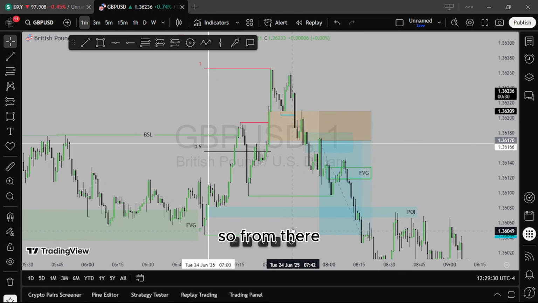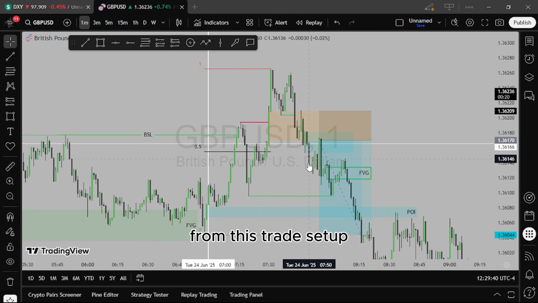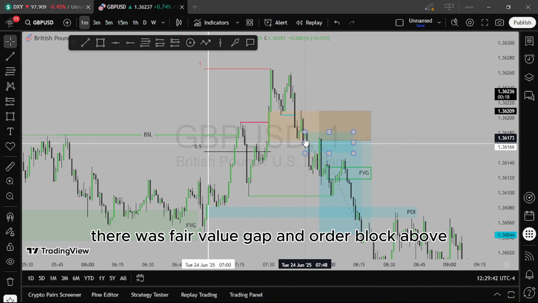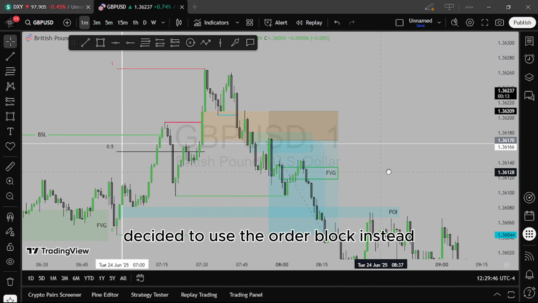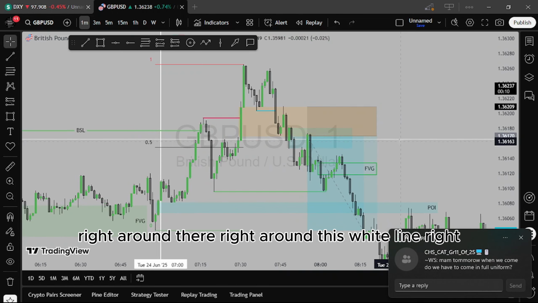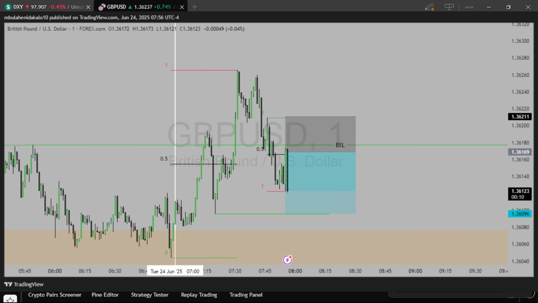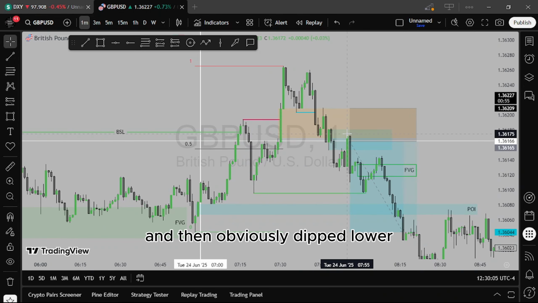From there, I took that PD array and mixed it with the order block that I saw in this setup. There was a fair value gap and order block above. I decided to use the order block instead and entered the trade right around this white line. That's why I took the trade, and then it dipped lower.